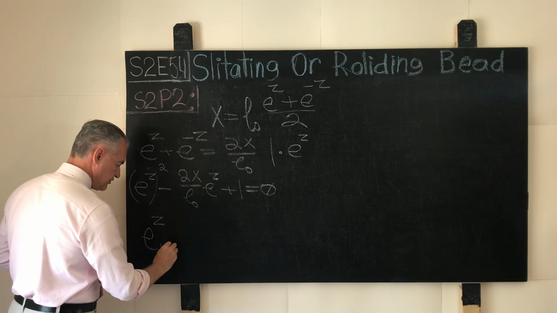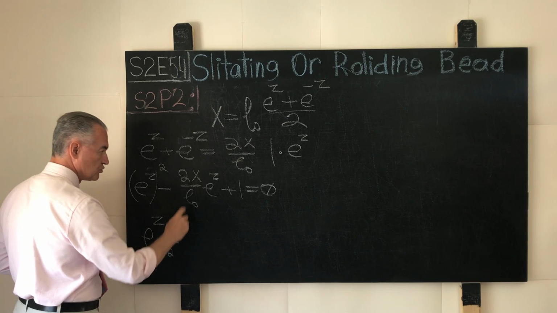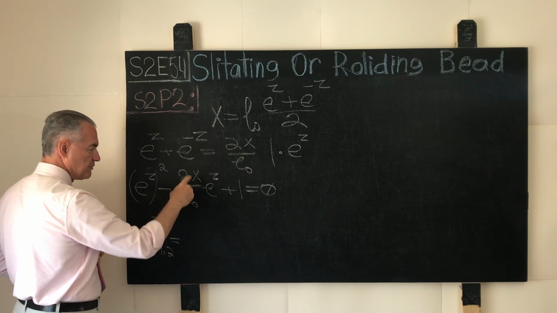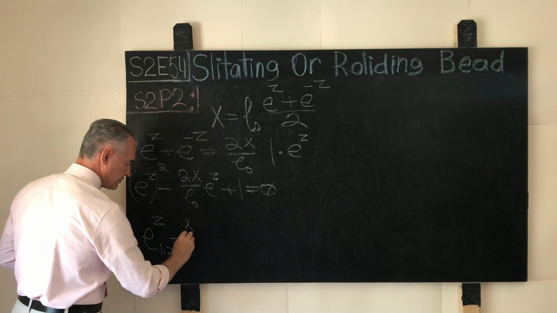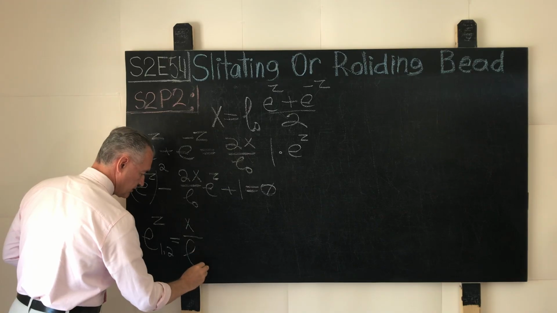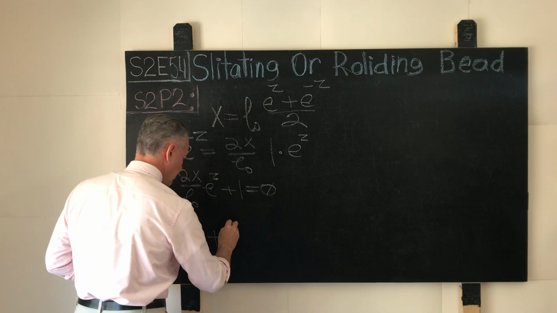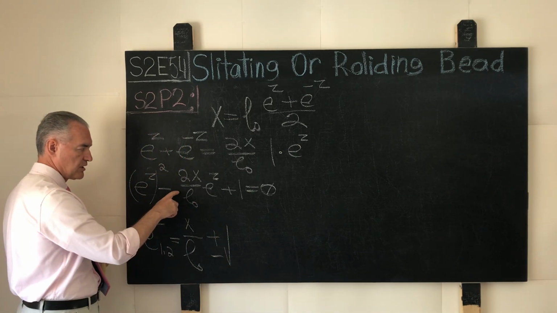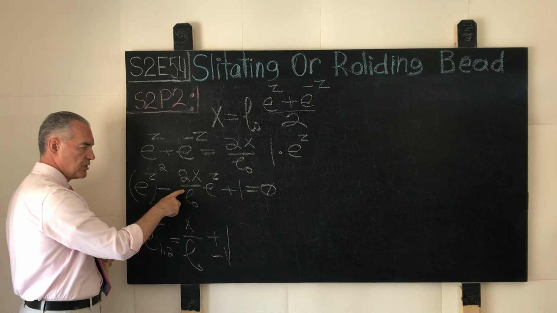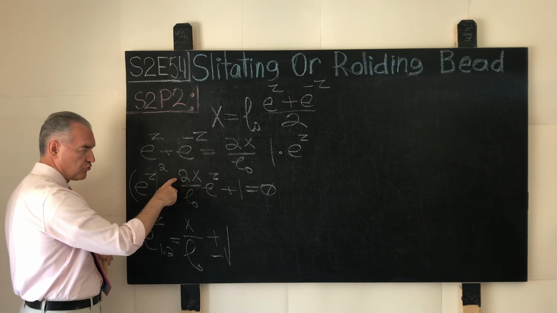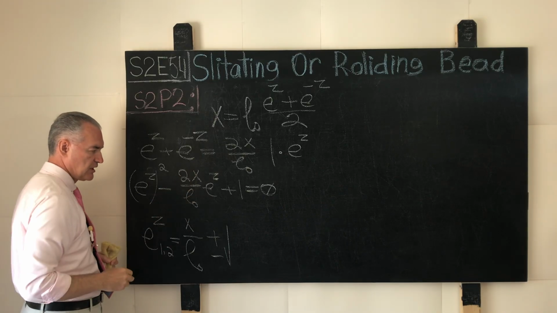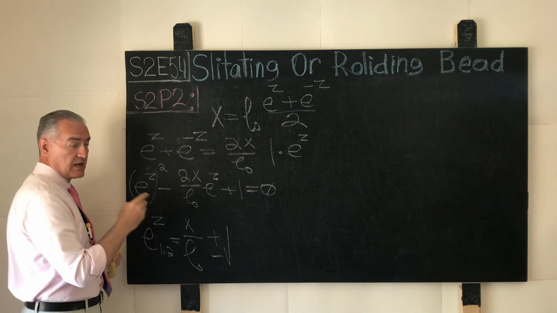e to the power of z 1, 2 is equal to negative b over 2, so that will be x over L0, and then plus minus square root of, let's think about this together. The square of b becomes 4x squared over L0 squared.